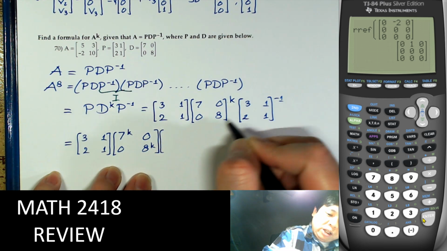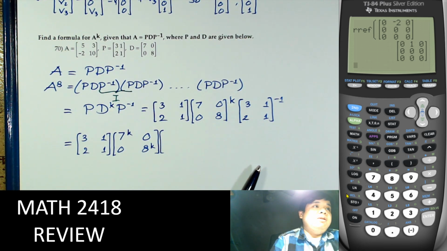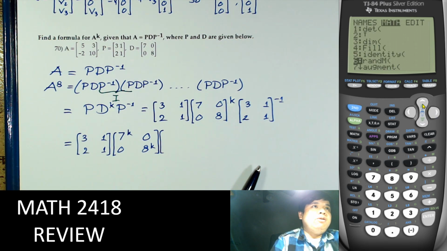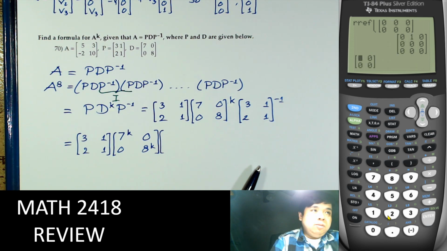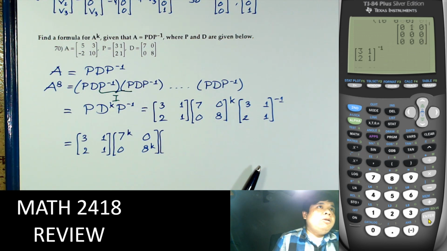And then the 3, 1, 2, 1, I just find the inverse of that. Of course, to invert a 2 by 2, there's a formula for it. Right, that gives us that.